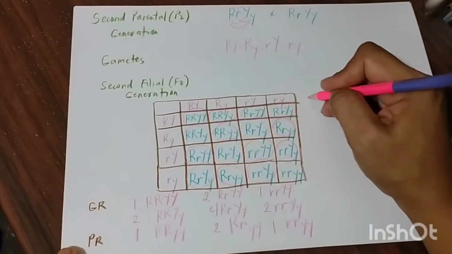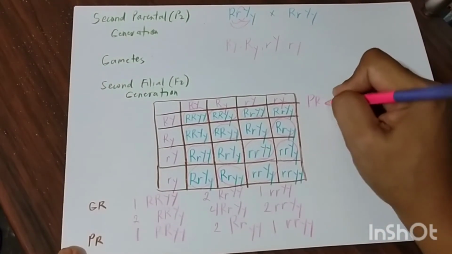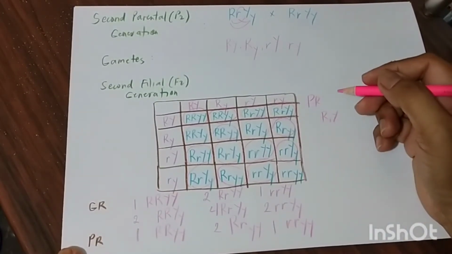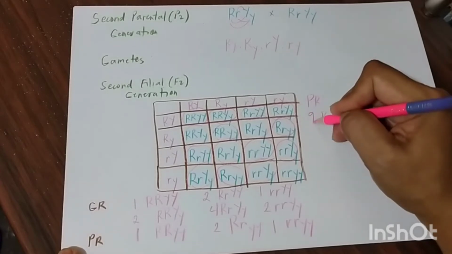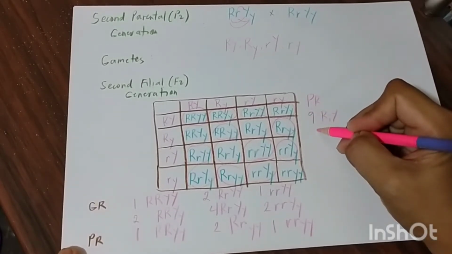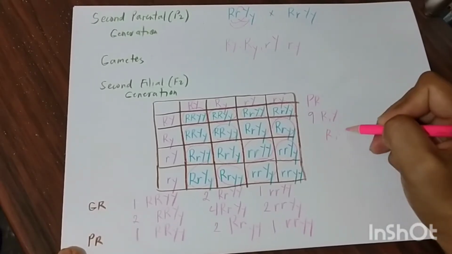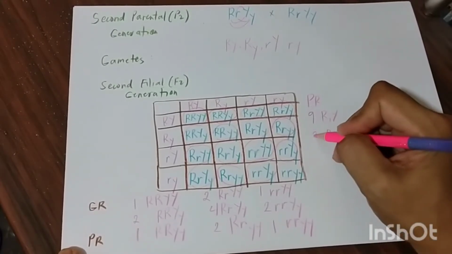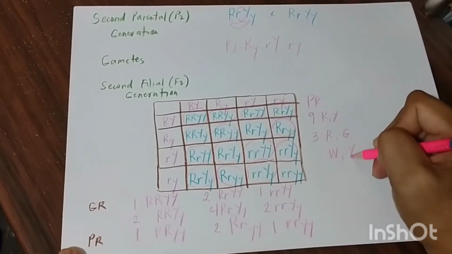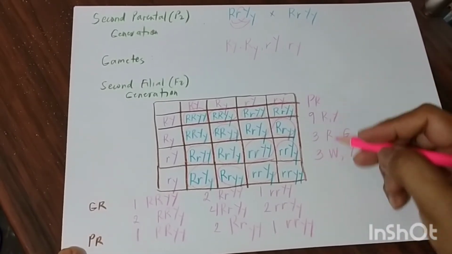Then for our phenotypic ratio, for round and yellow, we have 9. For round and green, we have 3. For wrinkled and yellow, we have 3.